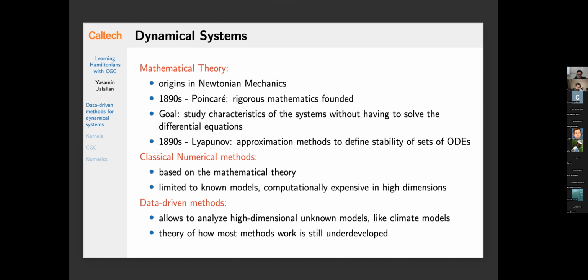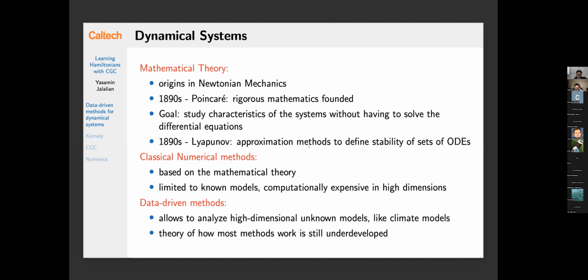A little bit afterwards, again in the 1890s, Lyapunov also developed some approximation methods to define stability of sets of ODEs.